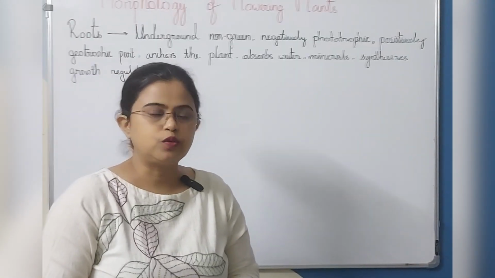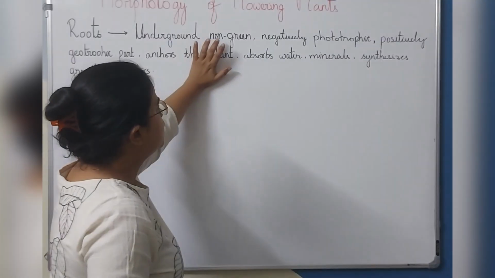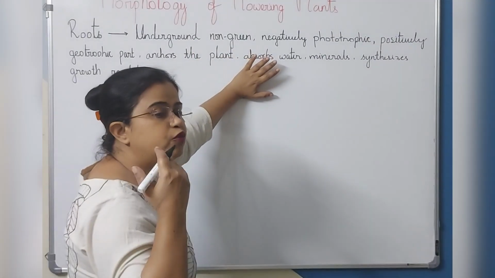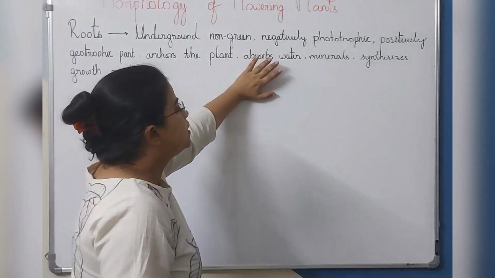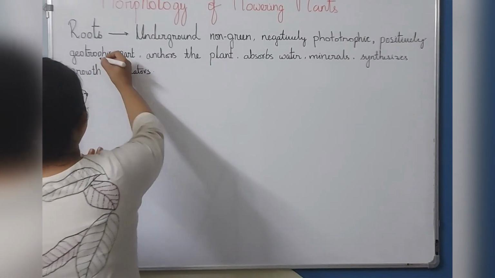What are roots? Roots are underground, non-green, negatively phototrophic, means they are moving away from the light. They don't grow towards the light. Positively geotrophic. What does this mean?